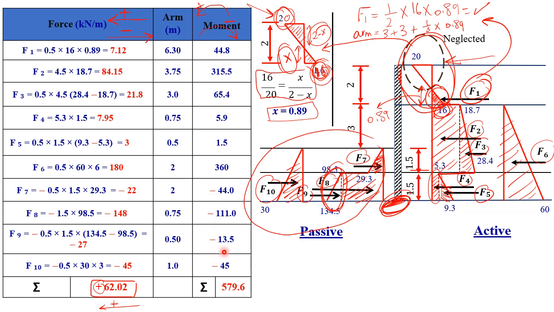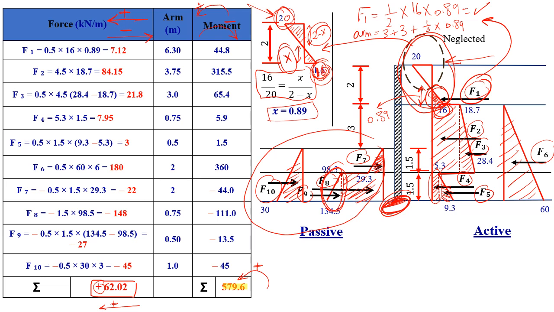Then you can do the summation process for your moments, and you will have a final resultant moment of 579.6 kilonewton meter. This moment has a positive sign, which means that it's anti-clockwise.